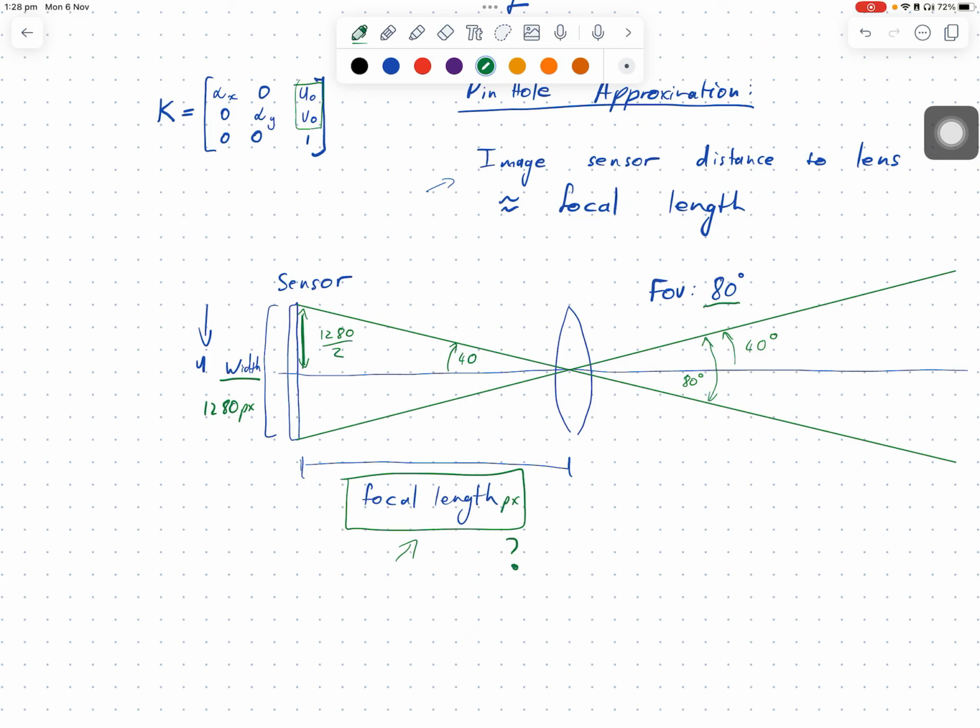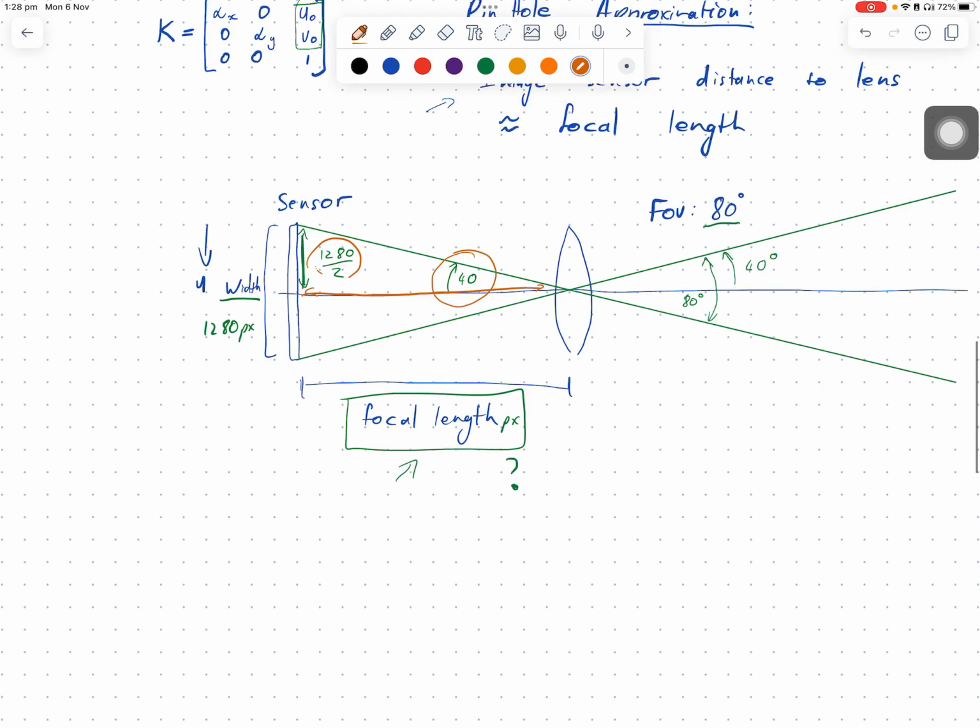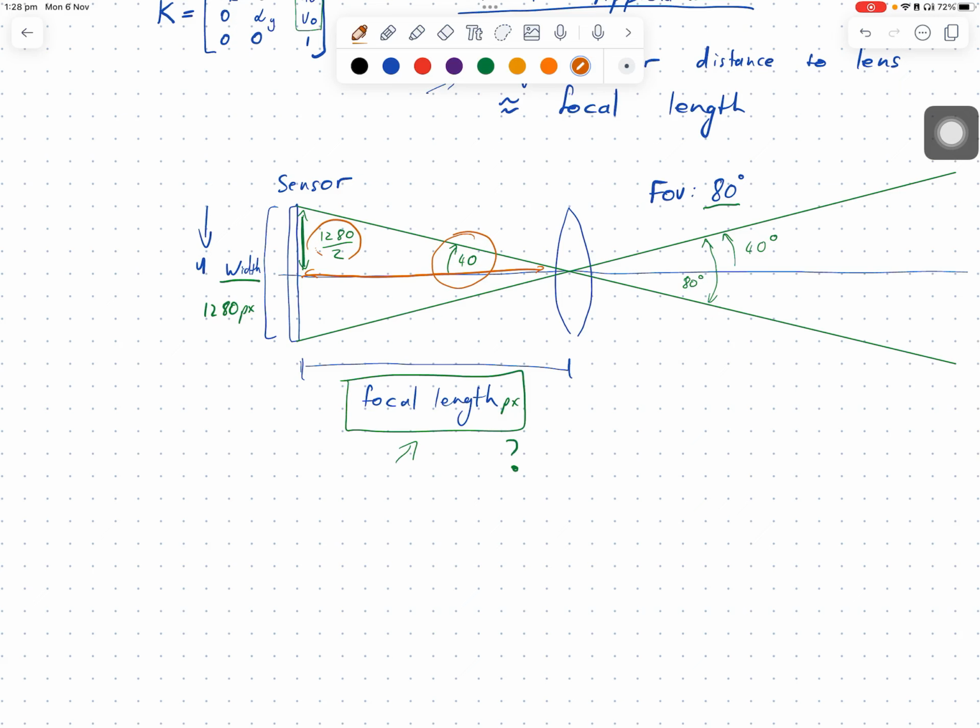So if you think back to your high school trig, if we want to calculate the adjacent side to that 40 degree angle using the opposite side and the angle, what are we going to use? We're going to use the tangent, of course. So tan of 40 degrees is equal to 1280 on 2 divided by the adjacent side, or in our case, the focal length.